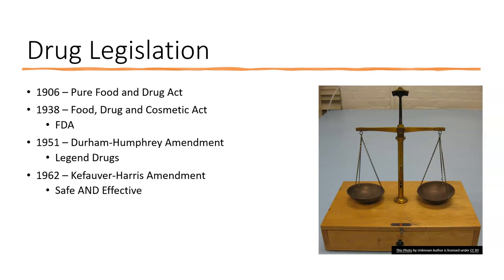Now, the next important one happens in 1970, and that's the Controlled Substance Act, also known as the CSA. And this entity created the DEA, the Drug Enforcement Agency, or Drug Enforcement Administration. This made dangerous drugs under control.